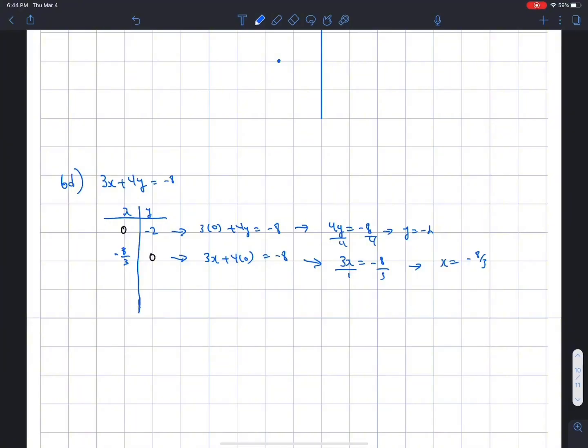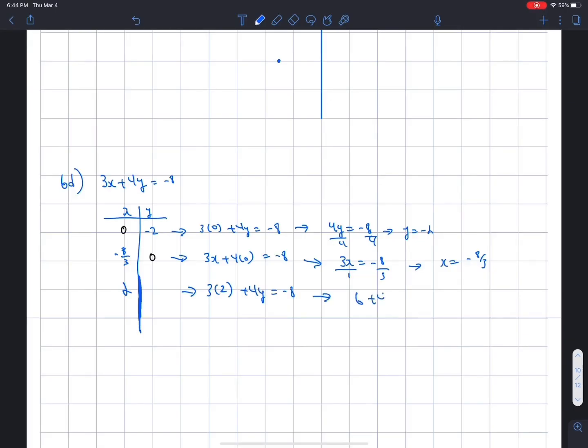So because I have done this kind of question so many times already, I can already plug in a positive x value mentally. So I can see that when x equals 2, it's going to work. 3 times 2, yeah, plus 4y equals -8.